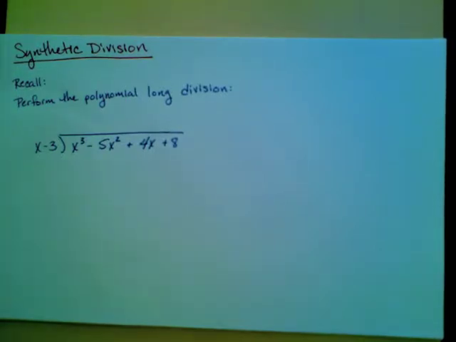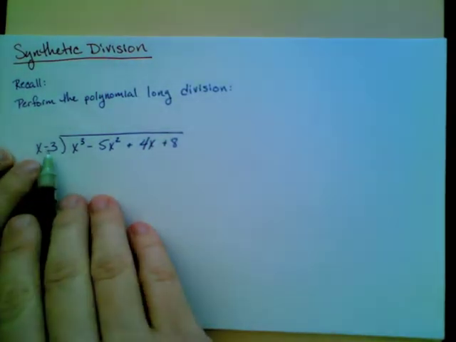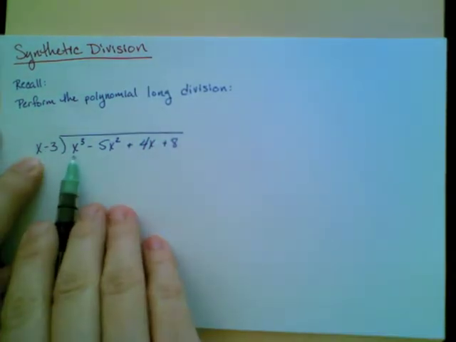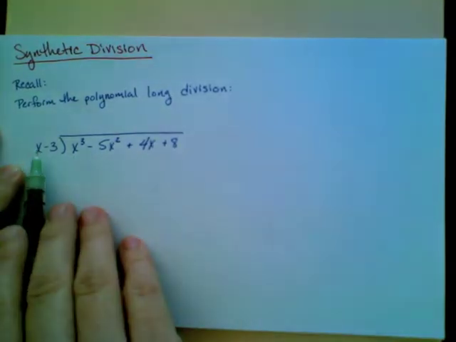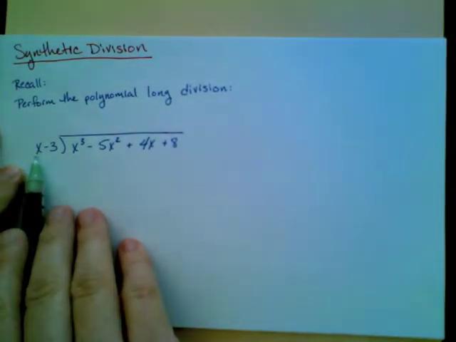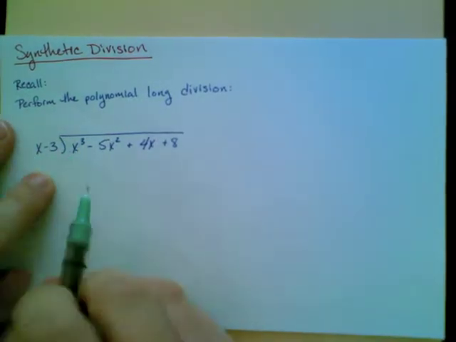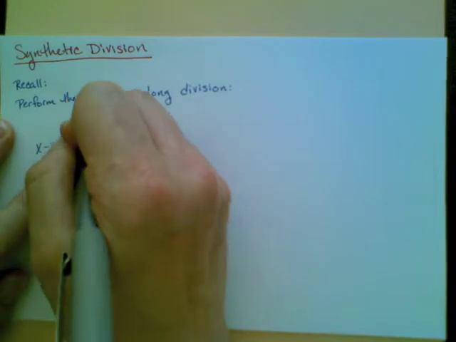So in order to do polynomial long division, I'm going to ignore everything except for the leading terms, and I'm going to divide x cubed by x. Another way to think about that is what would I need to multiply x by to get x cubed? And the answer is x squared.